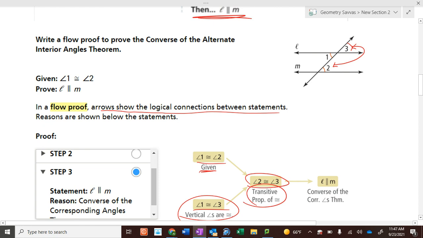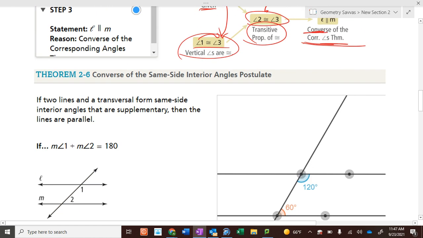Also substitution, but in today's exercises on the proof that you'll do in your homework today, it'll be transitive property because if 1 equals that and it also equals that, then these two are equal by the transitive property. So using 2 is congruent to 3, in the end I could say that L is parallel to M by the converse of the congruent corresponding angles theorem. Okay? Because when you prove at the end that they're parallel, it's the converse.